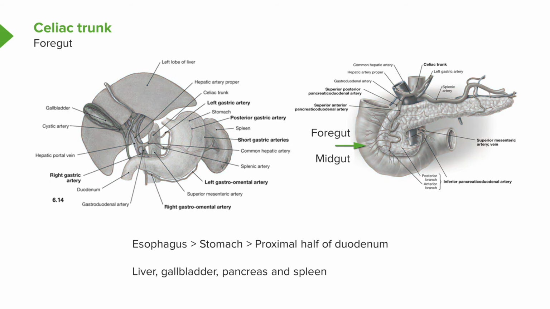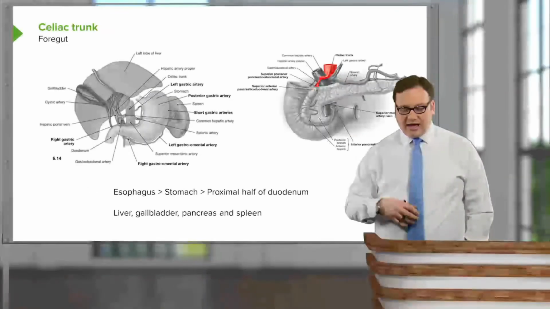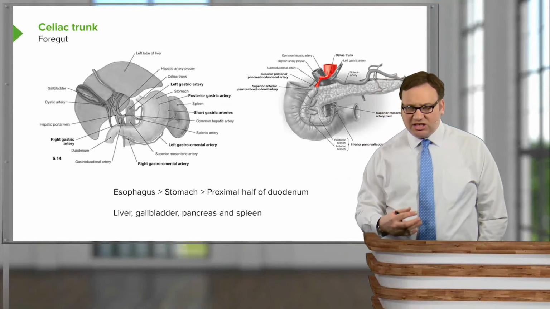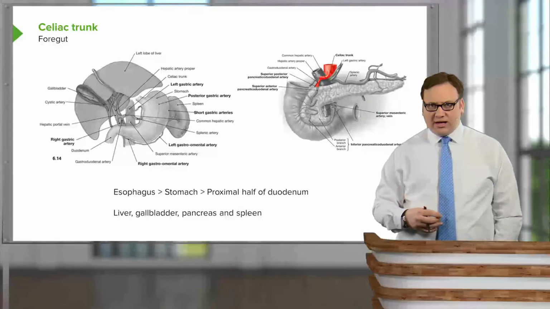So this region is going to be supplied by the inferior pancreatico-duodenal artery from the superior mesenteric artery, whereas everything in this direction is going to be supplied by the superior pancreatico-duodenal artery. And this is a branch from the celiac trunk. And here we have this important transition of blood between the foregut and the midgut.